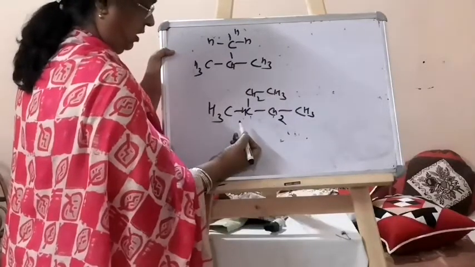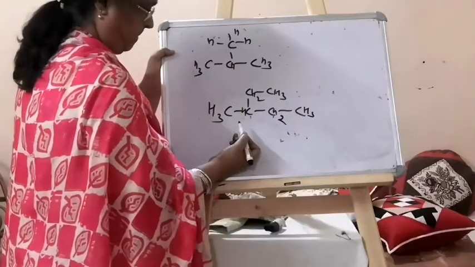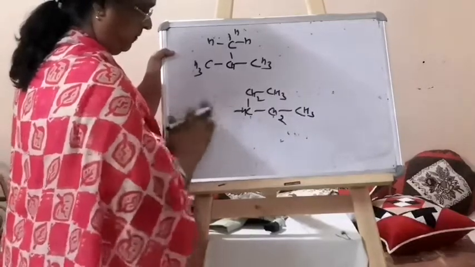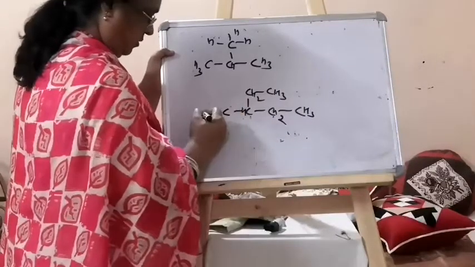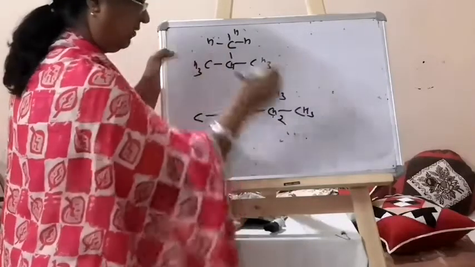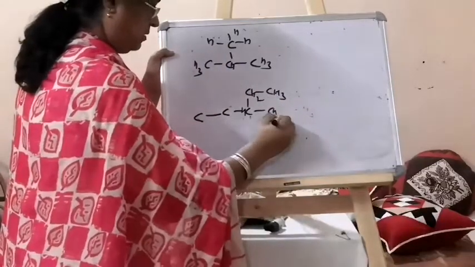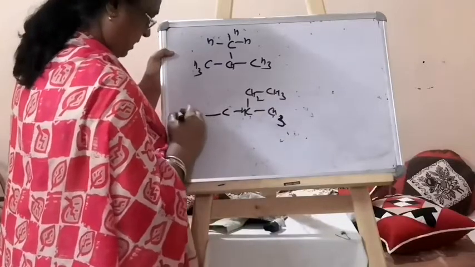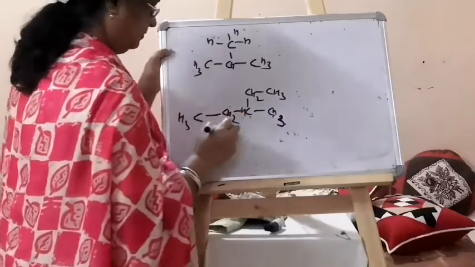So we have got, take one more. 1, 2, 3, 4, 5. Make this CH3. And CH3 and CH2.